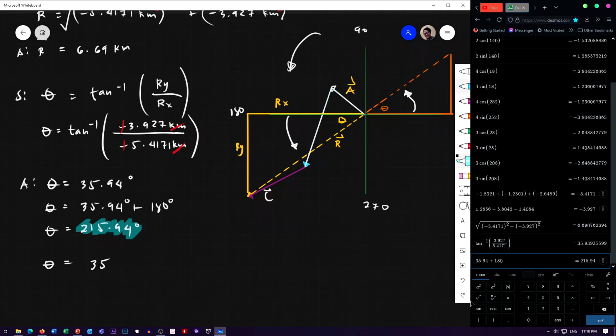Or you can have 35.94, starting from the west going to the south. So that is southwest. So this answer is correct as well.